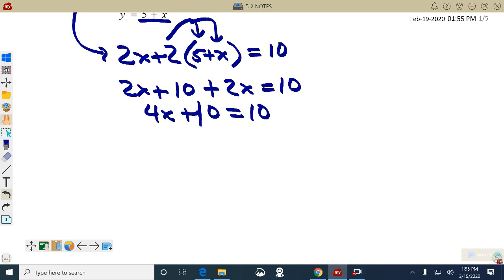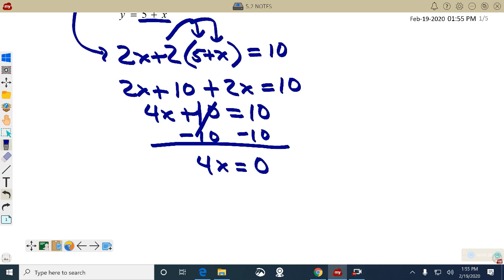So I got 4x plus 10 equals 10. Let's get x by itself. Let's subtract 10 from both sides. I got 4x equaling, what's 10 minus 10?